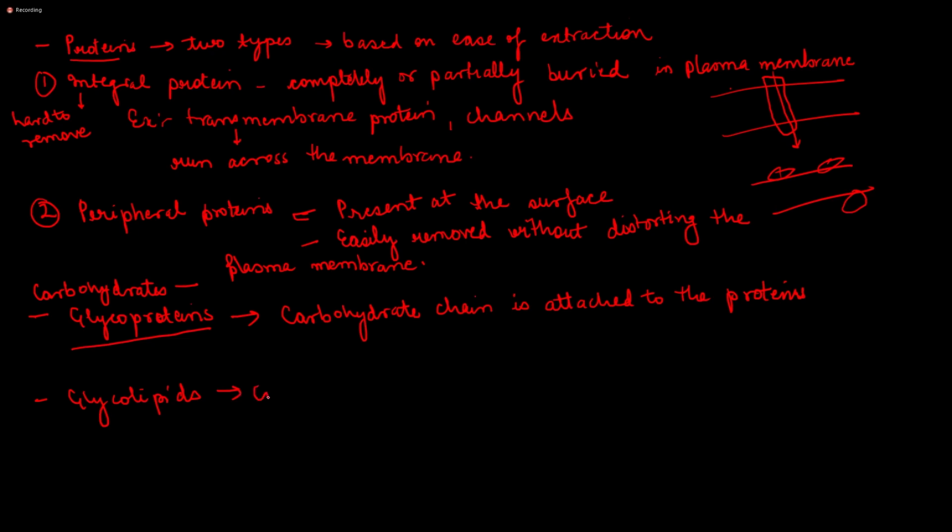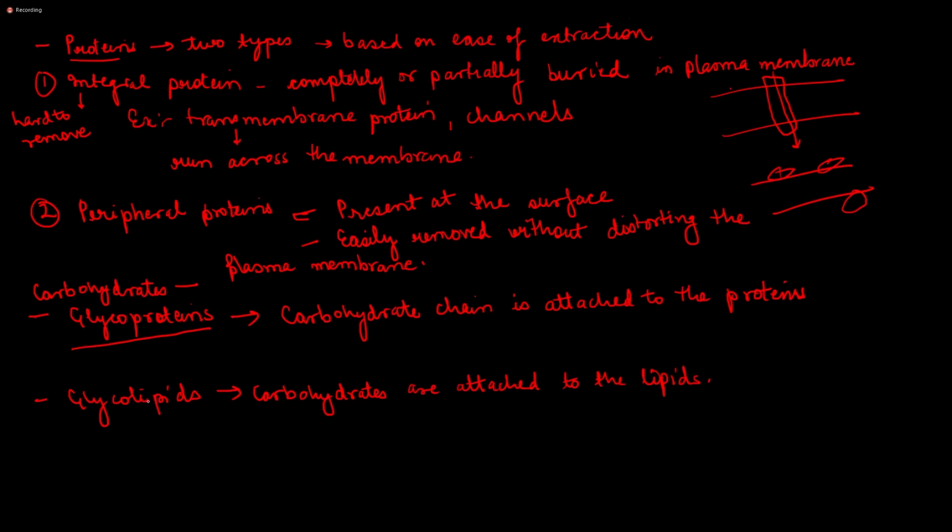In this case, carbohydrates are attached onto lipids. So if a carbohydrate is attached to a protein, it will be called a glycoprotein, and if it is attached to a lipid, then it will be called a glycolipid, right?